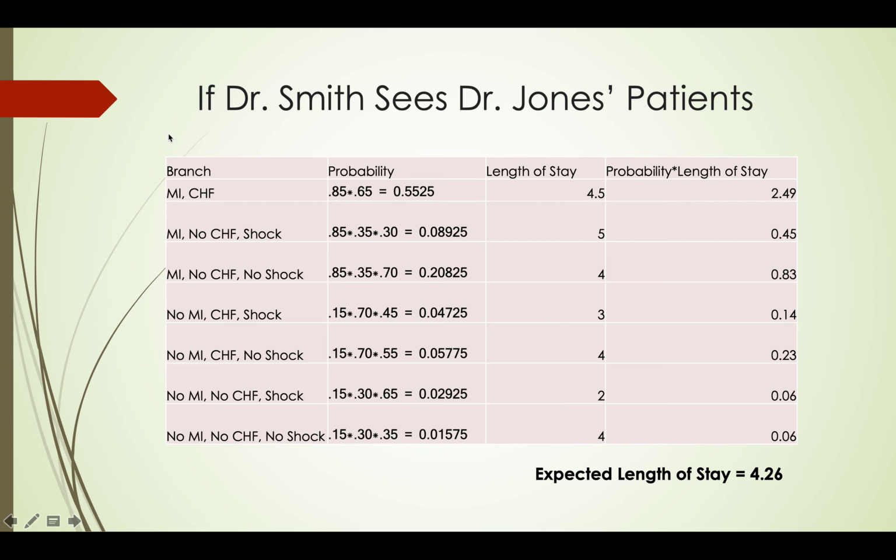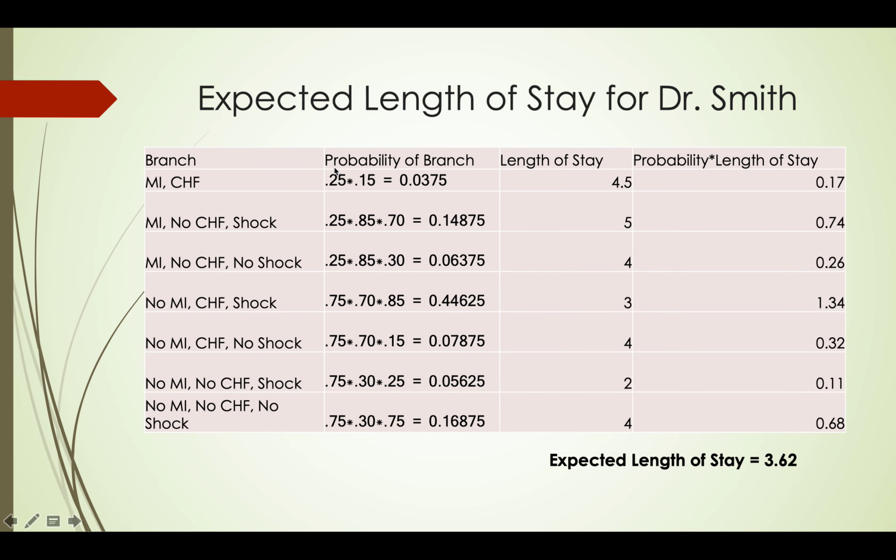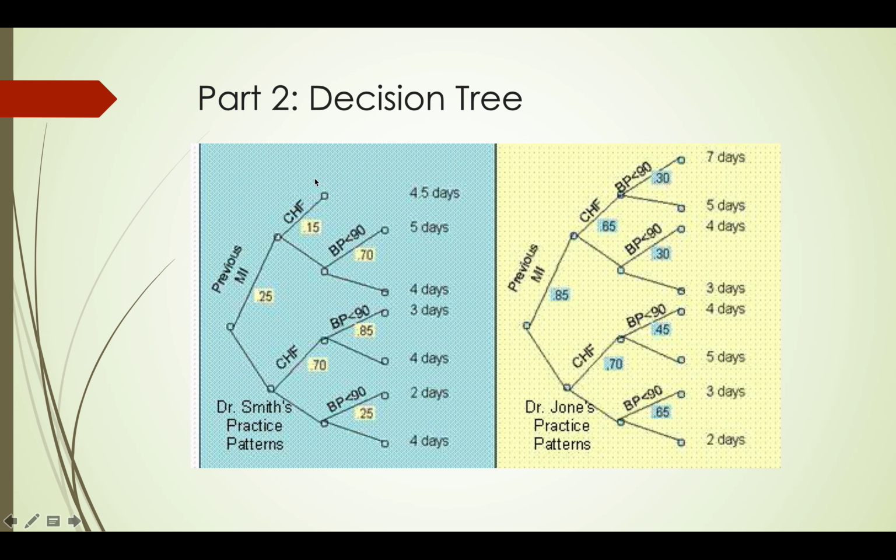For the second question, we have listed Dr. Smith's branches here, but we've used Dr. Jones's probabilities. So for MI and CHF, we didn't use the probabilities that were given in Dr. Smith's, we used the ones given in Dr. Jones's patterns.